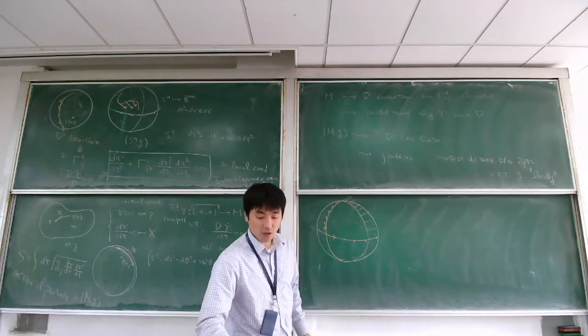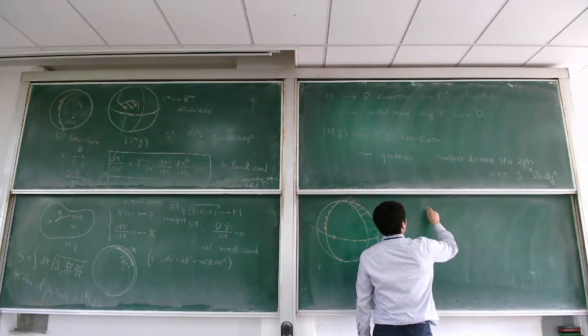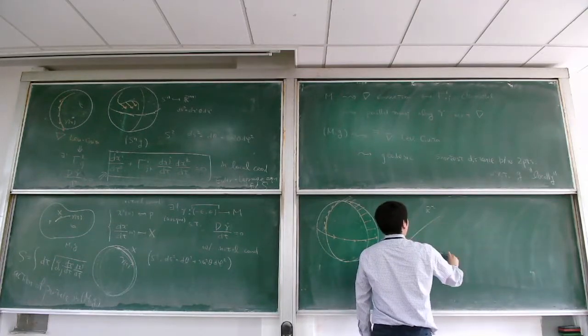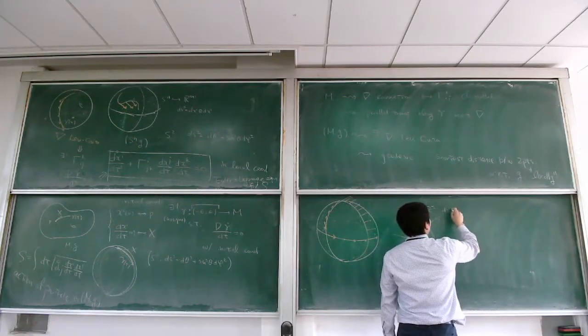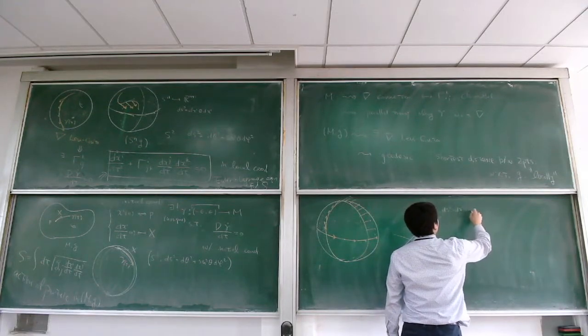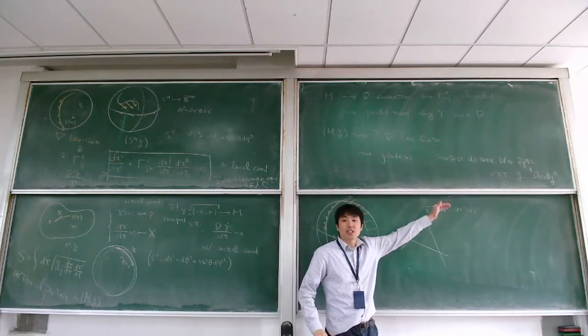However, if you consider Euclidean R2 with the standard metric ds squared equals dx squared plus dy squared, a line is a geodesic, right?